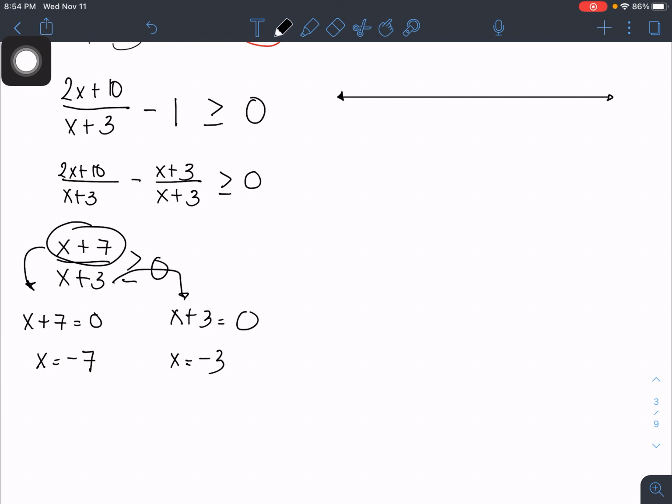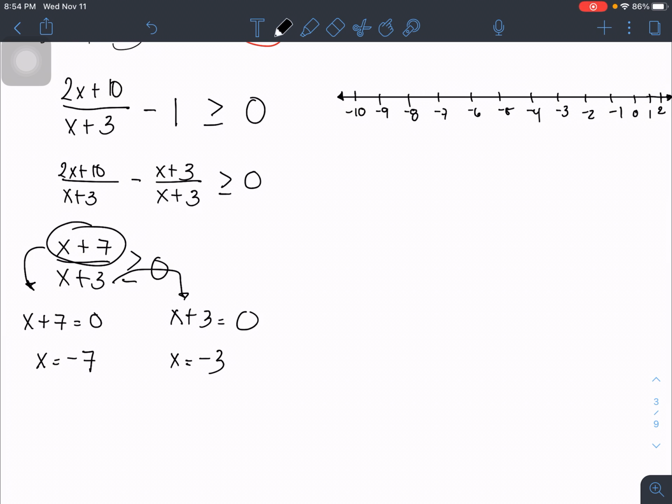I think this will be better starting at negative 10, negative 9, negative 8, negative 7, negative 6, negative 5, negative 4, negative 3, negative 2, negative 1, 0, 1, 2.